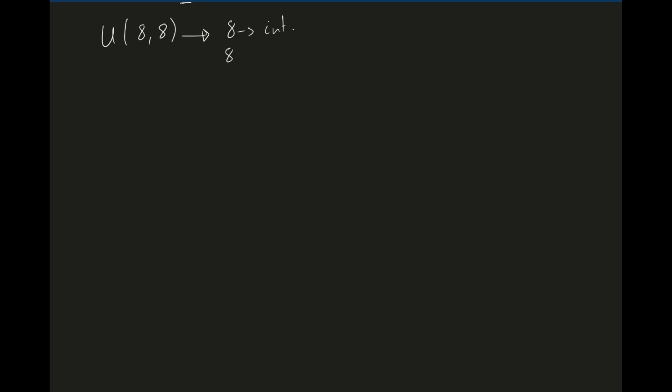For instance, if I have U, let's say 8, 8, this means the number has 8 bits allocated for the integer part and 8 bits for the fraction, and there is no sign bit, which means all the numbers represented in this representation are positive.